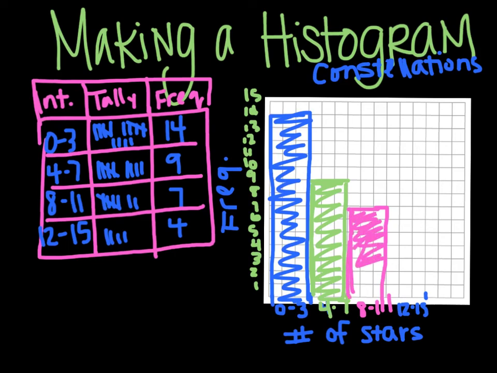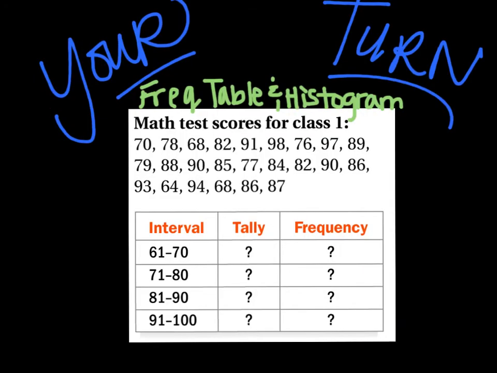And I'm just using the grid to help me with that. But you should always have your bars with the same size. And then the last one was 4. And then very quickly at a glance, you can see that most constellations have 0 to 3 stars in one group. All right, it is your turn.